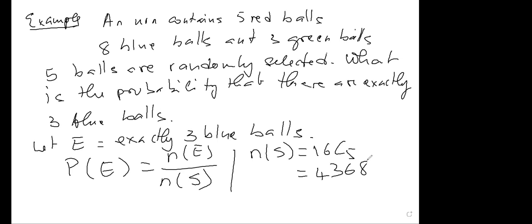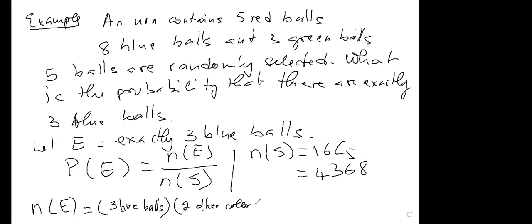Now we want to find n of E. n of E will be exactly 3 blue balls. If we have 3 blue balls and we are selecting 5, then the other 2 are other colors. We will choose 2 other colors, that is colors that are not blue.